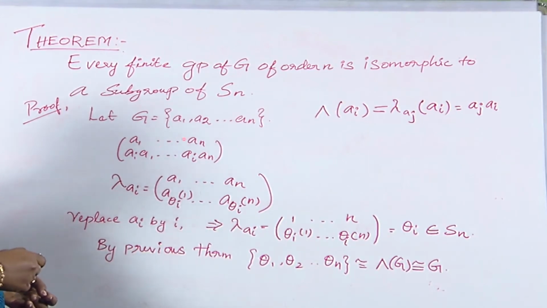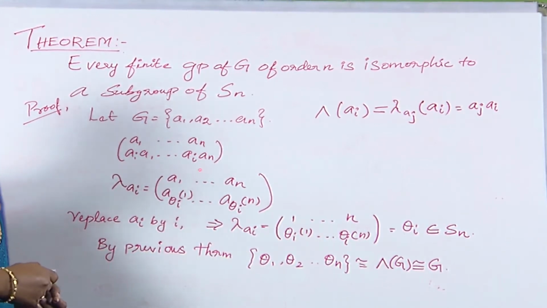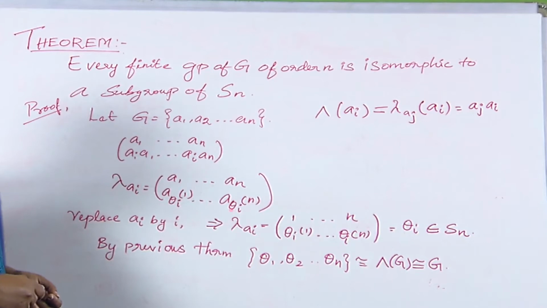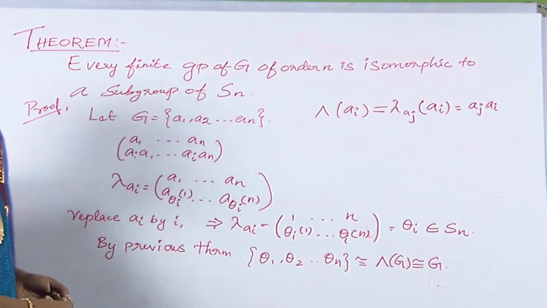So A1, A2, and so on up to An can be mapped to Ai A1, Ai A2, and so on up to Ai An. So instead of Ai A1, we represent it as A theta i of 1, and so on up to A theta i of n. When we replace Ai by i, lambda Ai becomes: 1 goes to theta i of 1, 2 goes to theta i of 2, and so on up to n goes to theta i of n.